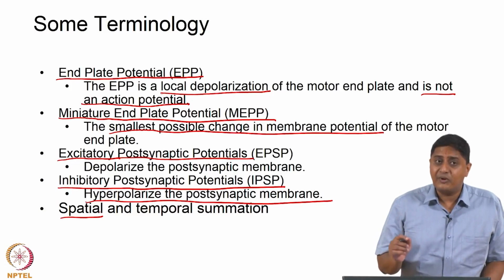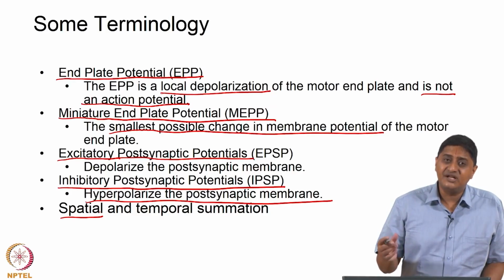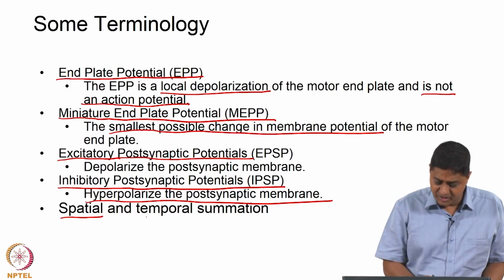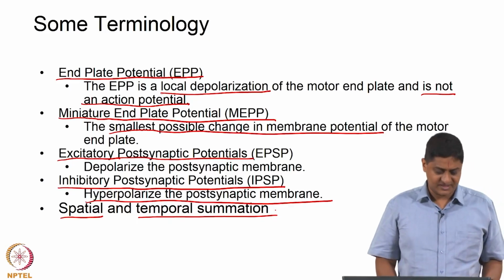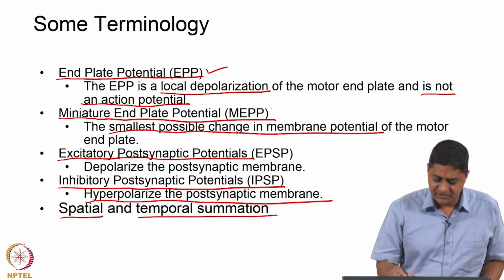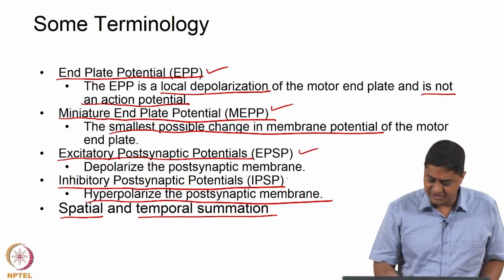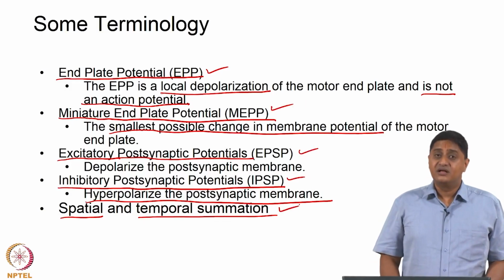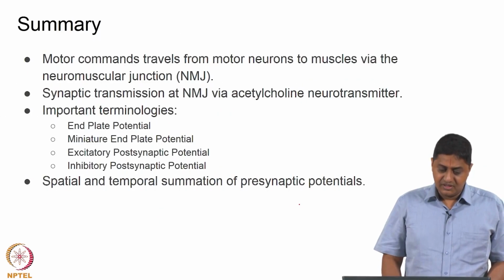If at the same point in space multiple inputs arrive relatively close in time, it is possible for the inputs to be summed one after the other. This is called temporal summation, as we have seen in previous classes. So, what we have seen? We have seen end plate potential, miniature end plate potential, EPSP, IPSP, and spatial and temporal summation.